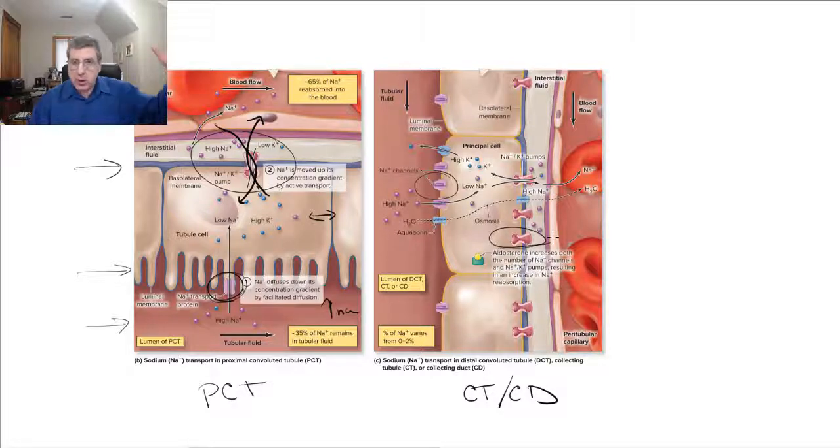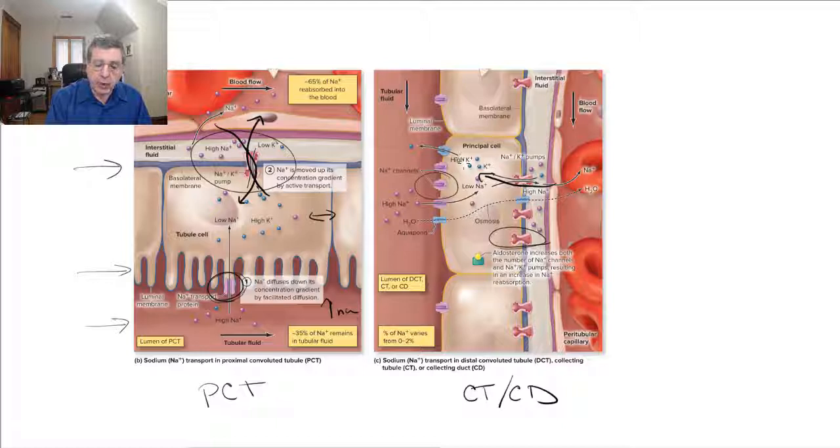So sodium from the tubular fluid goes into the cell, and the sodium-potassium pump moves the sodium out of the cell, potassium in. Now, we're going to come back to potassium as our third element today, but let's just briefly talk about this, and then when we hit potassium, remember this. Potassium's coming into the cell. Now we've got to get rid of it.